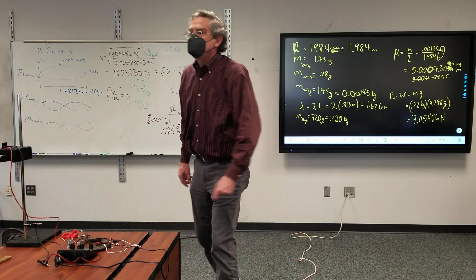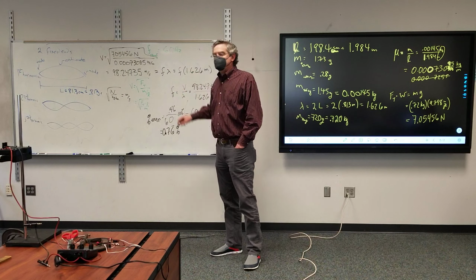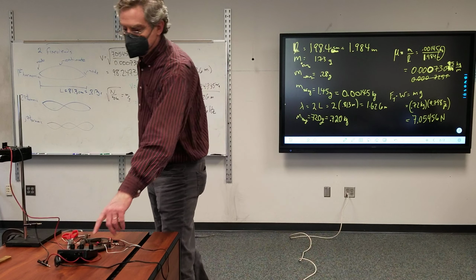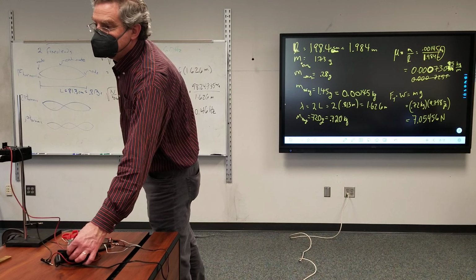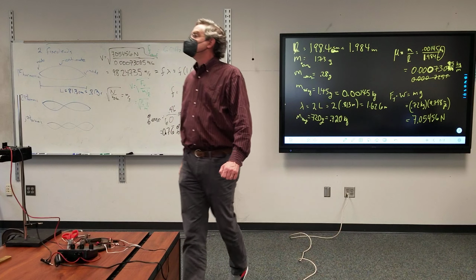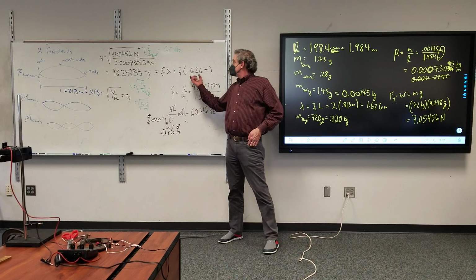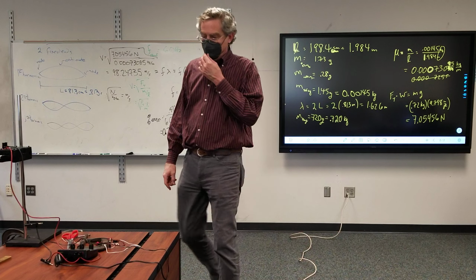All right. As a matter of fact, we have cut our wavelength in half. So what frequency would you expect to have on the monitor right here? 120? Yeah. So if this gets cut in half, this gets doubled, and it should be somewhere around 120.